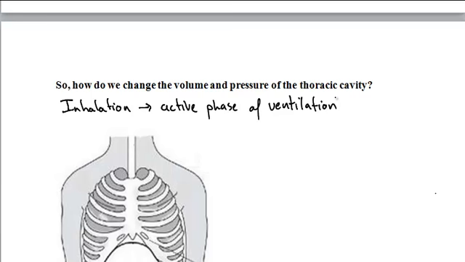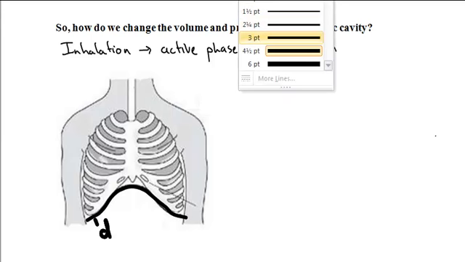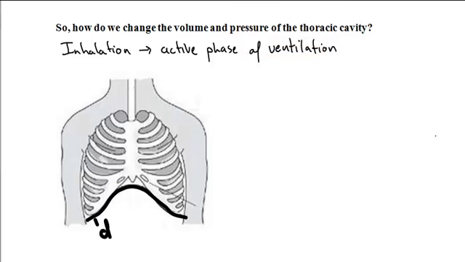Okay, so what happens is, down here is our diaphragm, that nice and big and obvious. This is the diaphragm. And normally our diaphragm actually sits way up like that.